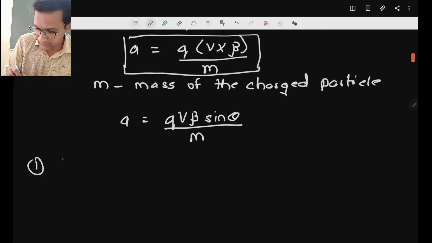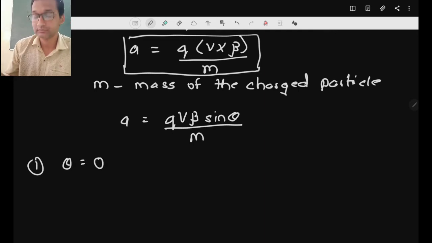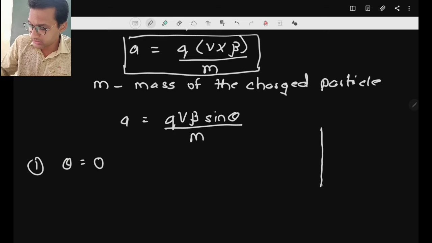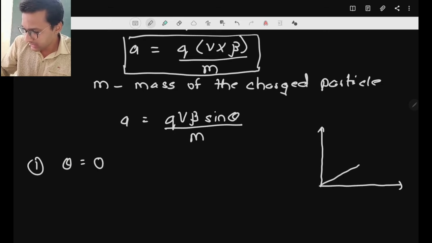If, let us say, the theta is 0, what does it mean? Theta is 0 means the charged particle, let us take the coordinates here. Let us say that this is the x, y and z axis.